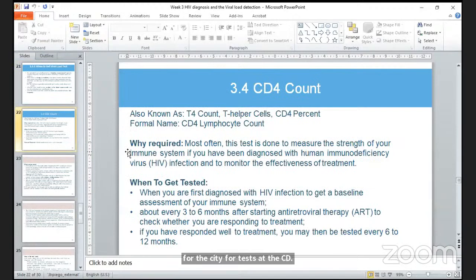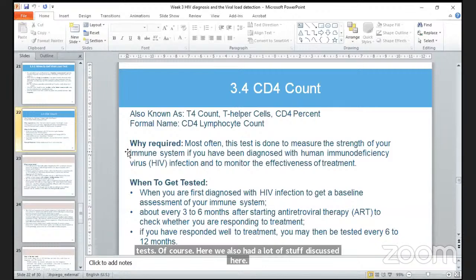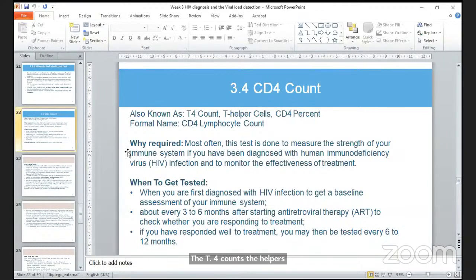Here we also had a lot to discuss: the T4 count, T helper cells, CD4%, and lymphocyte count. CD4 lymphocyte count, those are the names. And we said when it is required, why it is required, and when to get this kind of test. And then we also elaborated on what's actually being tested here.